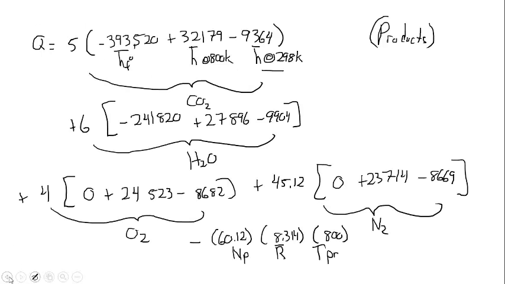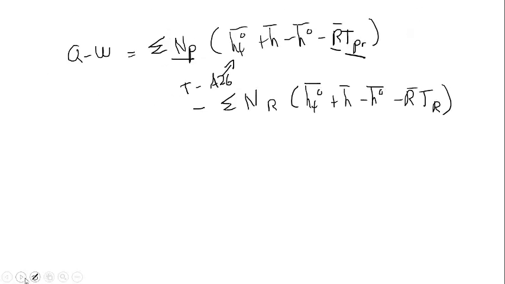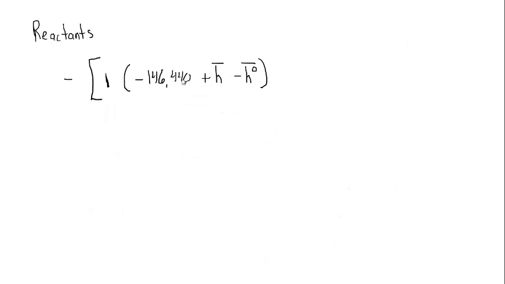Now, it says that the reactants are at 25C and 1 atmosphere. The reference state enthalpy is for 25 degrees and 1 atmosphere. So this difference is 0. Okay, so this would be for pentane.